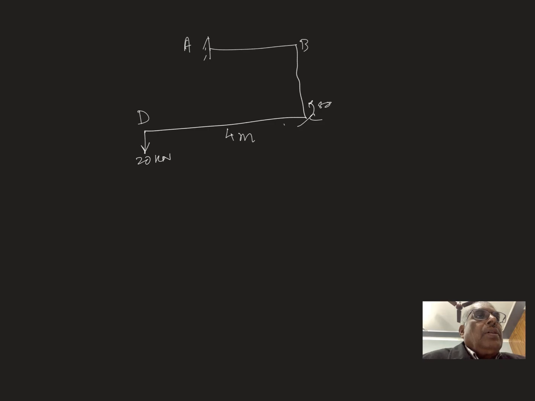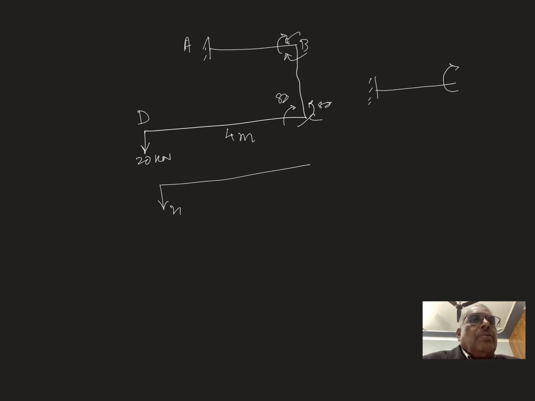So anti-clockwise will be here, clockwise here, and then anti-clockwise here. And to balance it, there will be a clockwise moment here. Finally, on A, there will be a clockwise moment, and the 20 kilonewton load here.